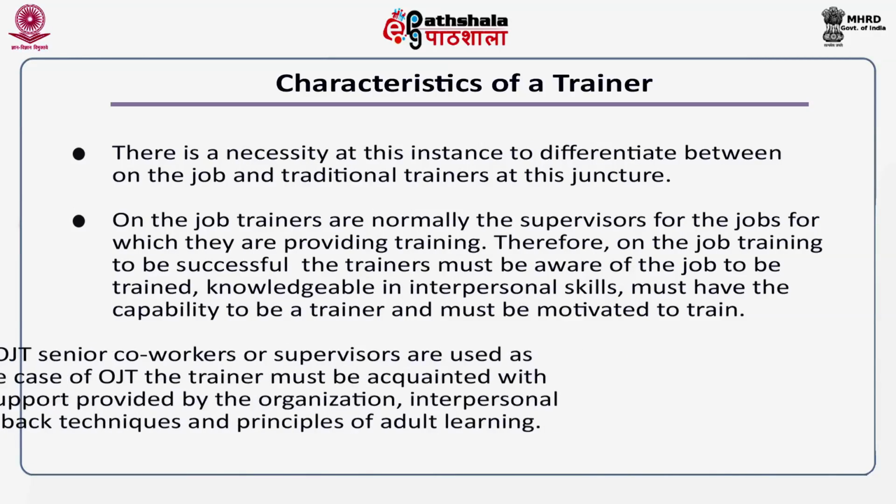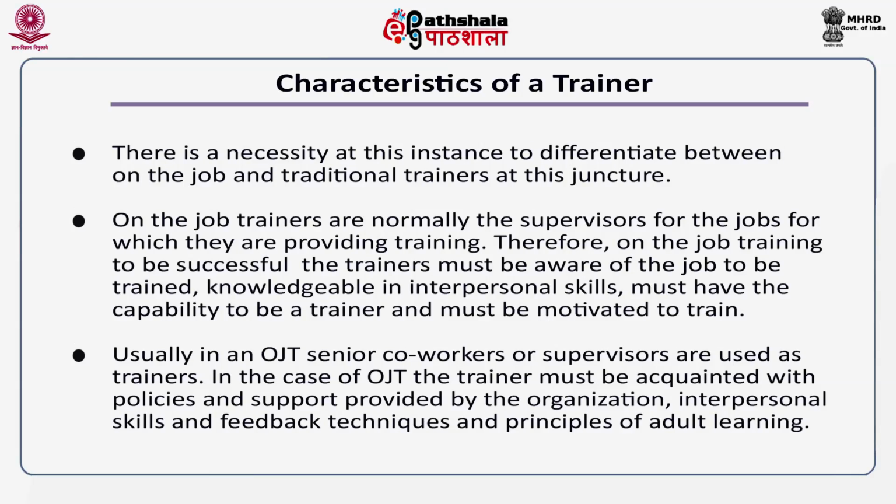Using an on-the-job senior co-worker or supervisor as trainer, the trainer must be acquainted with policies and support provided by the organization, interpersonal skills and feedback techniques, and must be aware of principles of adult learning.